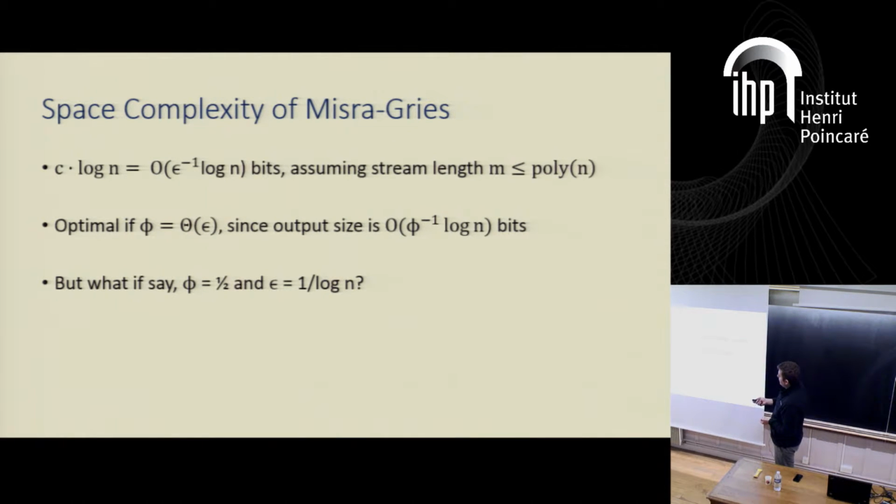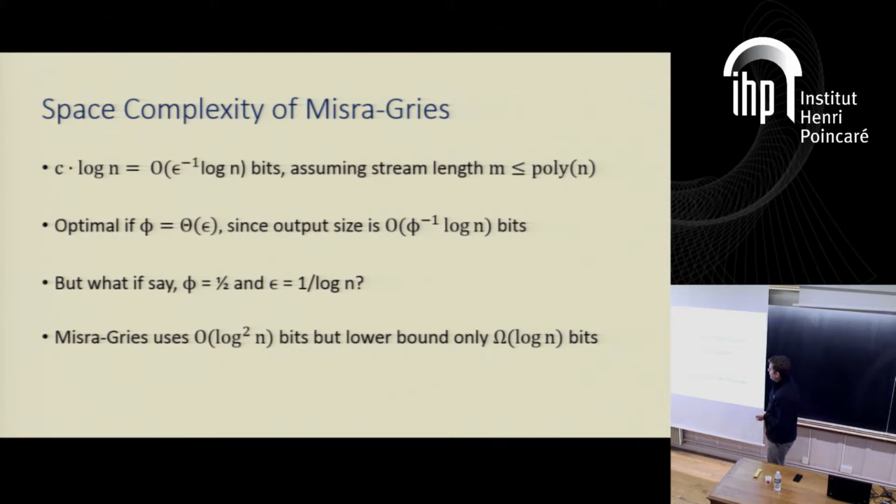Then Misra Gries, if I plug in epsilon as 1 over log n, is giving me a log squared n bit space algorithm. On the other hand, the space complexity of representing the output is only log n bits, because I can only have 2 items that have frequency at least 1/2 times m. So there's a gap here.